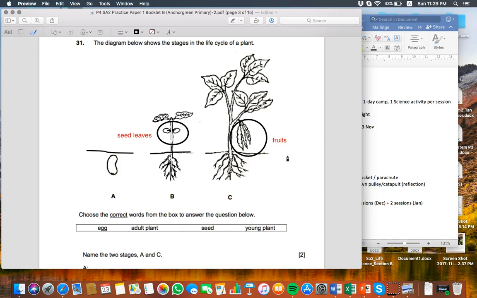So this means that at this stage the plant is able to reproduce, which means that it has to be an adult plant.